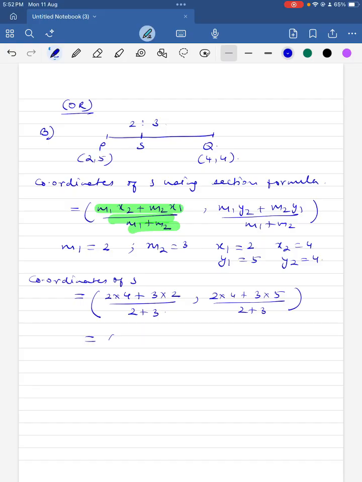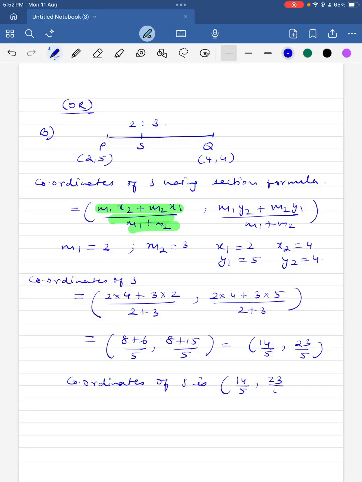So that's going to be equal to 8 plus 6 by 5, comma 8 plus 15 by 5, which is 14 by 5, comma 23 by 5. So coordinates of S is 14 by 5, comma 23 by 5.